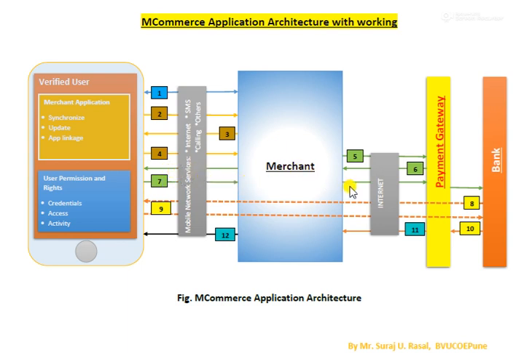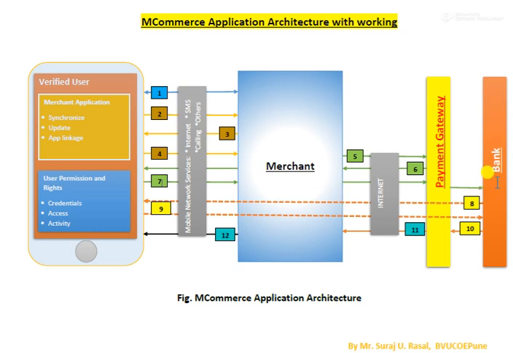That is, the user has to enter the username and password or whatever method has been applied by that particular bank. When this information is delivered through the payment gateway to the bank, only then will the bank approve that user.